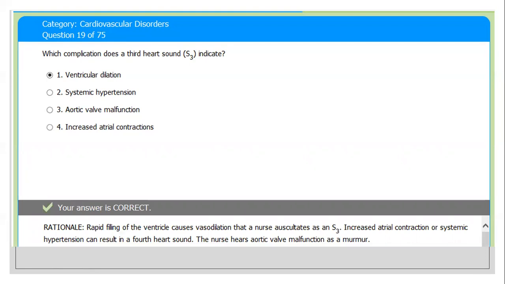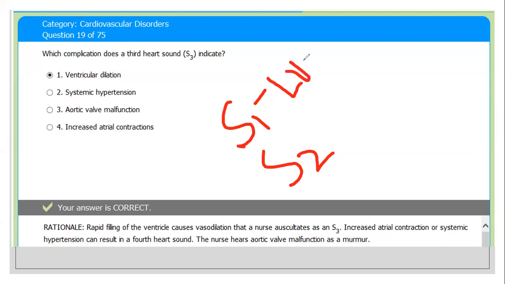So if anybody has ventricular dilatation, we can say the patient has a third heart sound. Basically, there are two heart sounds. One is S1, the other is S2, right? S1 we sometimes call lub, and S2 we call dub, meaning lub, dub, right?